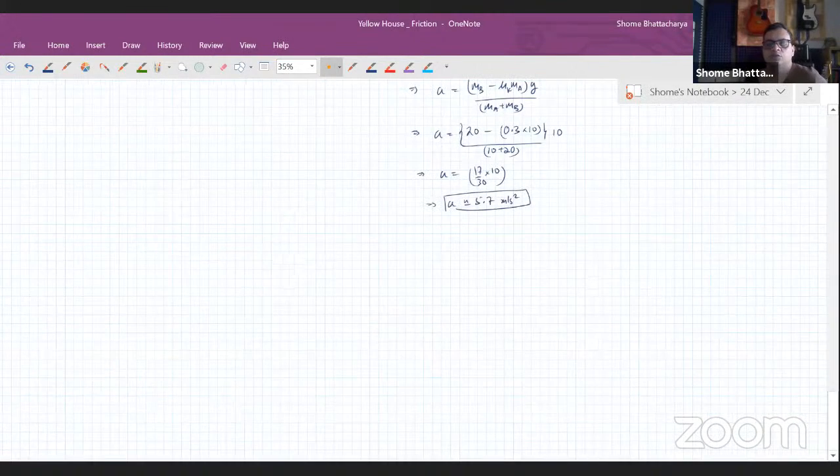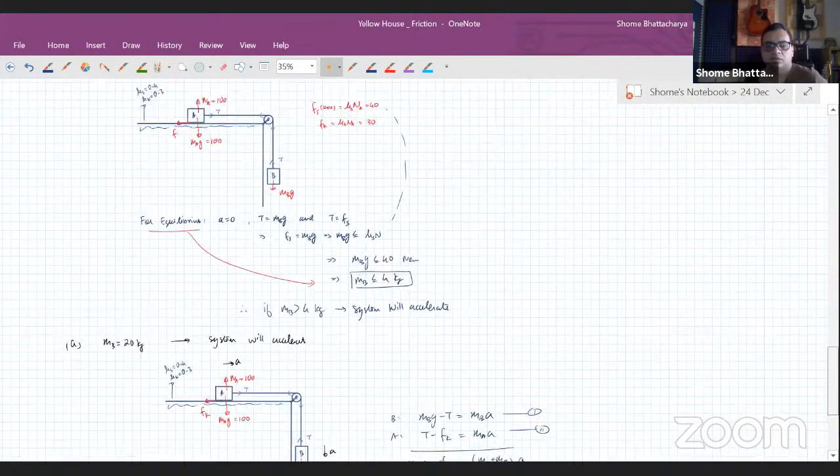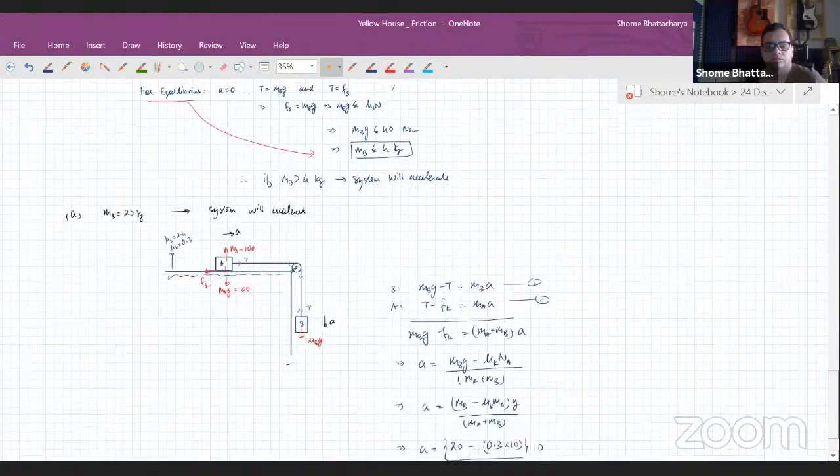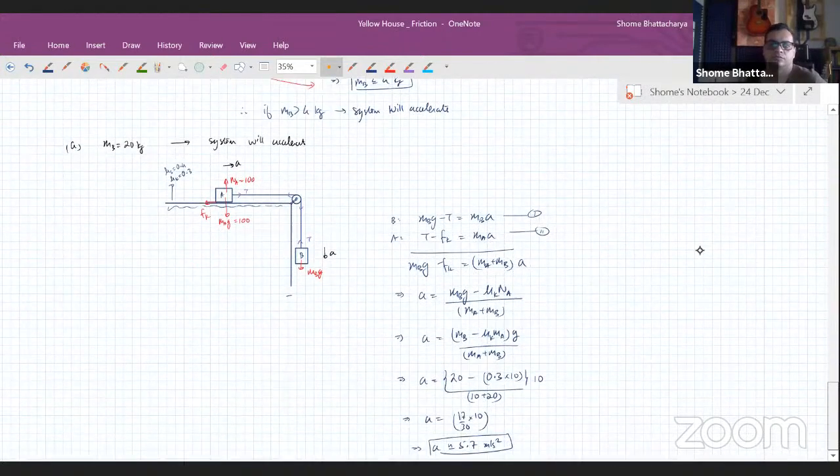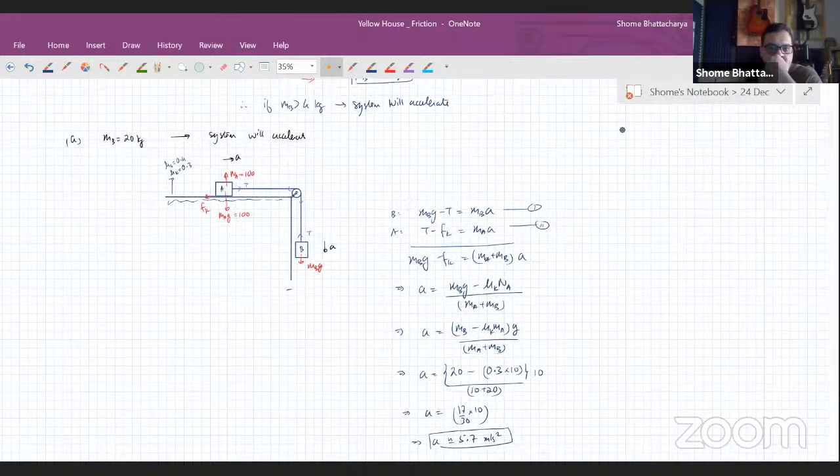Okay, similarly, you have to work out the second part. Yes, that's correct, Ganesh. Correct, Antesh.